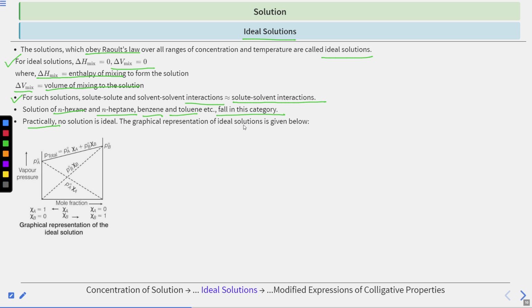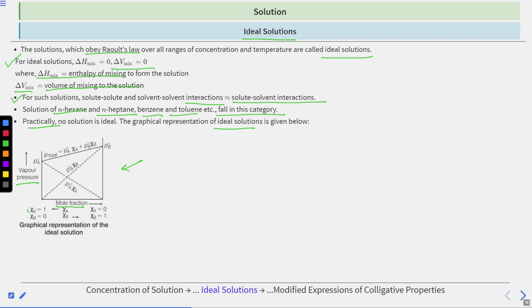The graphical representation of ideal solutions is given here. If any solution shows this graph between vapor pressure and mole fraction, that means it is an ideal solution. On the vertical axis, we have vapor pressure. On the horizontal axis, we have mole fraction.